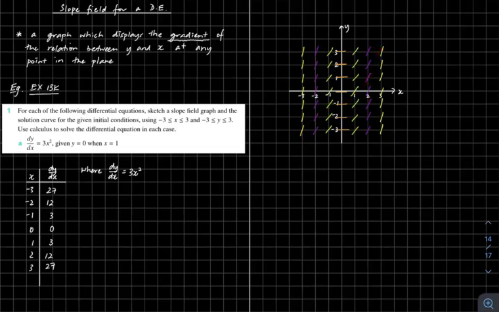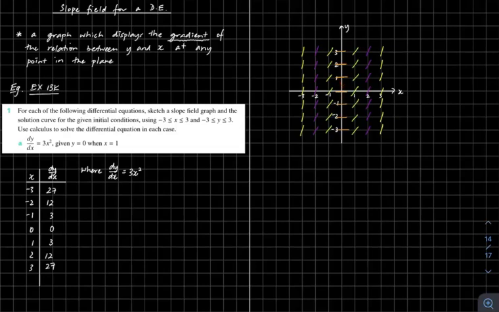And it's never negative. So one of the things I know about the solution to this differential equation is it never turns around and starts sloping downwards at any point. So I know its general shape is kind of a cubic like that without a turning point, which has a point of horizontal inflection somewhere along there.